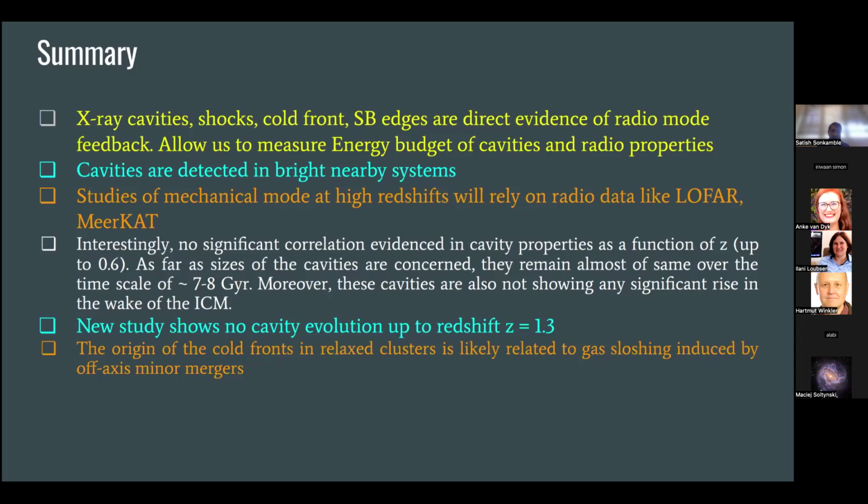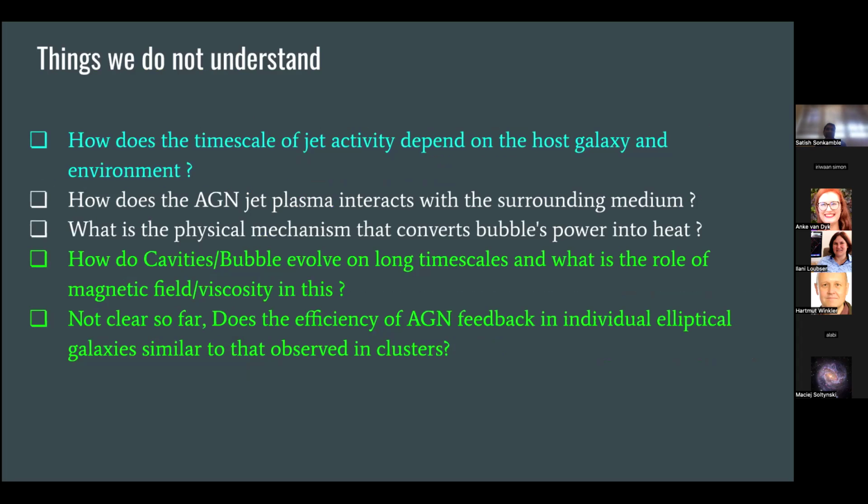The things we do not understand in this cavity physics are how the timescale of jet activity depends upon the host galaxy and the environment, which is still debatable, how the jet plasma interacts with the surrounding medium, how these bubbles or cavities dissipate energy into heat, and how they evolve across all timescales, including the magnetic field and viscosity.